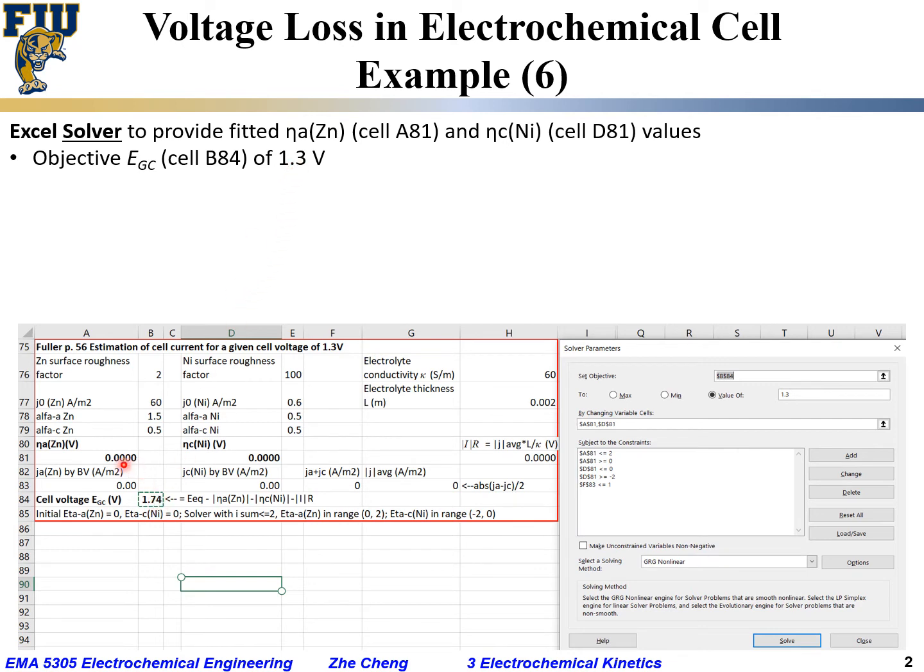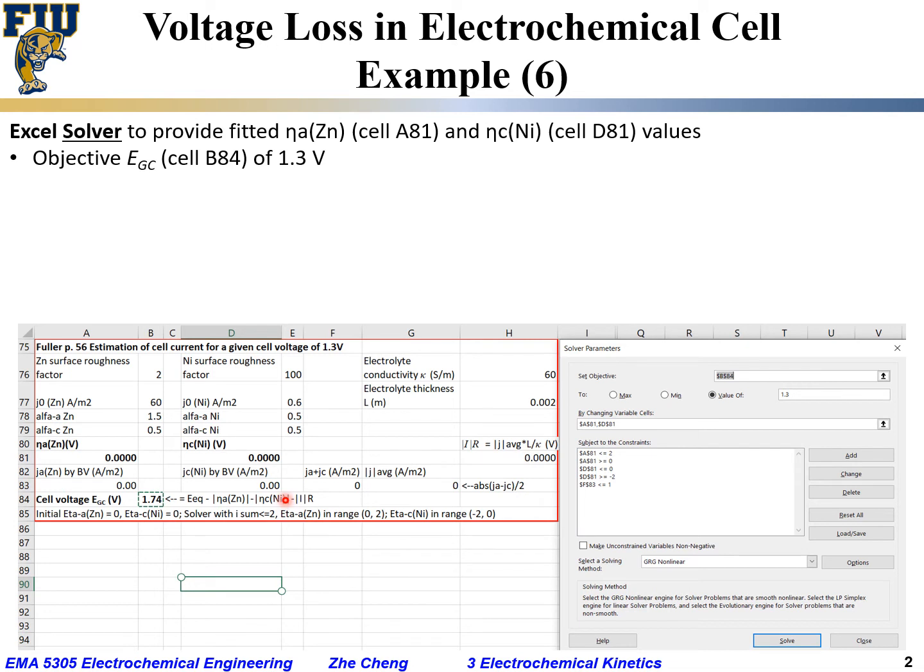Initially, if overpotential is 0, current is 0, then the cell voltage would be the equilibrium cell voltage, of course, because this cell voltage is calculated as the equilibrium minus the absolute overpotential for zinc anode, absolute overpotential for nickel cathode, and absolute ohmic loss, which is this term.